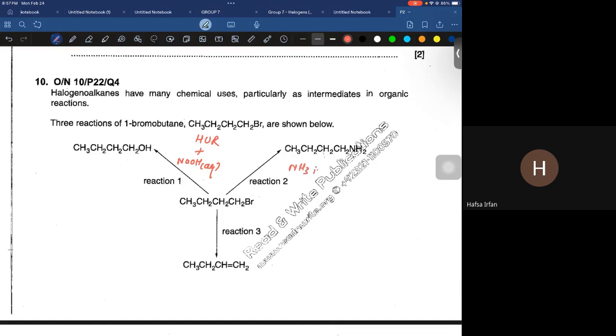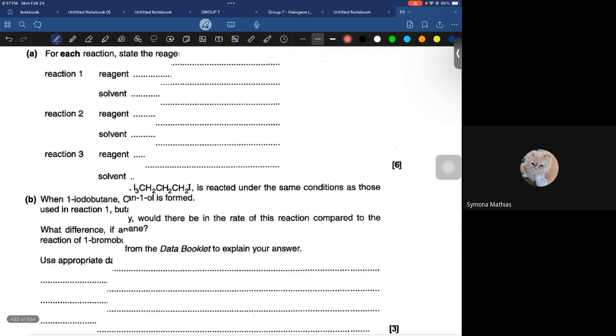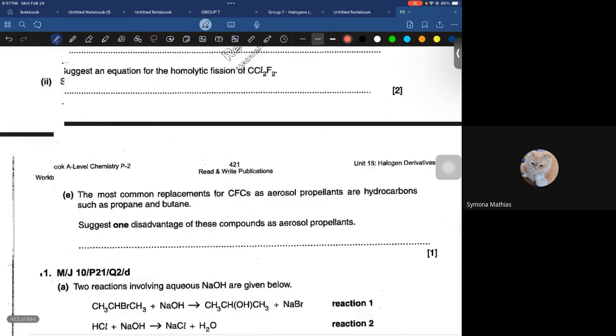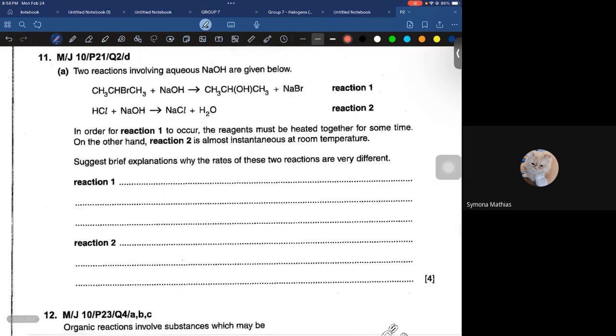Good, in ethanol. And what is reaction 3? Elimination. So what am I supposed to use? NaOH and ethanol. Good, in ethanol. Very easy, baby question.